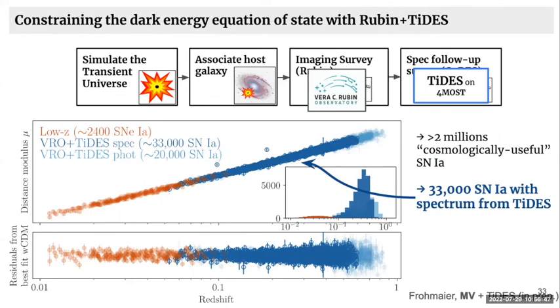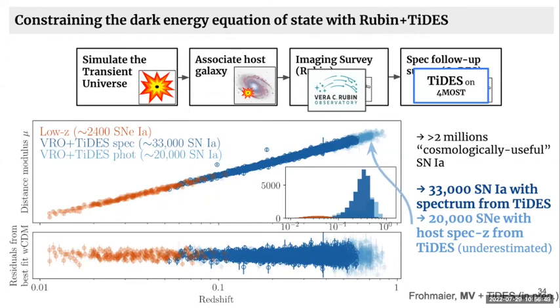And we have another sample of 20,000 supernovae, for which we won't have a spectroscopic confirmation of the type, but we will have the redshift information from the host.